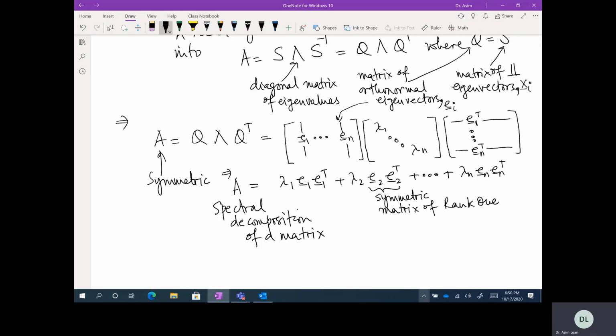And if I order these eigenvalues in descending order, such that lambda 1 is greater than lambda 2 is greater than lambda 3, and so on, and then if I apply a threshold, and I say all eigenvalues less than lambda k are very small and can be neglected, so this will change from an n by n matrix to a k by k matrix.